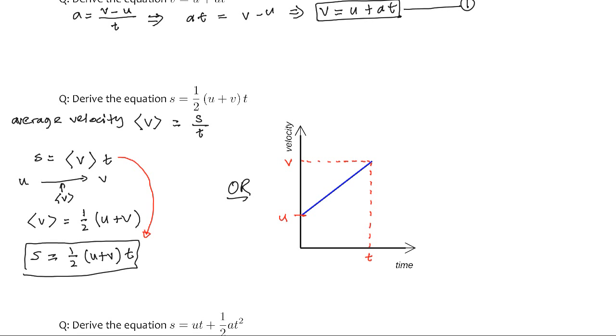And by looking at this graph, I can say the displacement is the area under the graph, because it's a velocity time graph, and in a velocity time graph, the area under the graph gives you the displacement.